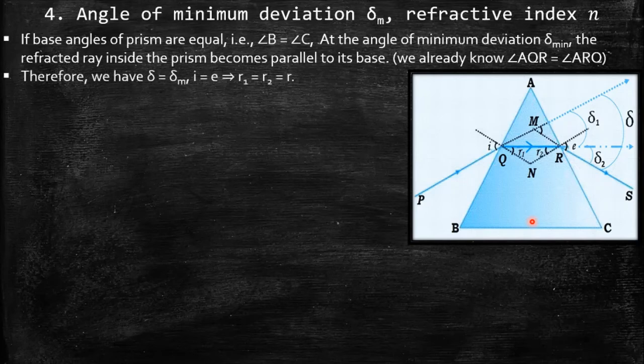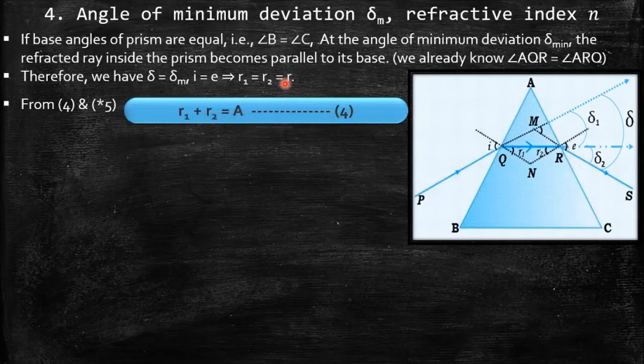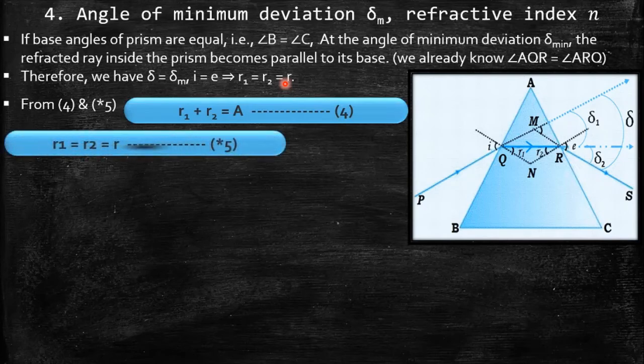So now that we know for the fact that when delta is equal to delta M, I is equal to E and R1 is equal to R2 is equal to R, let us now try to find out delta M, right? So for that we have from equation 4 and star 5. Well, I am sure that you have not kept a count of those equations, and that's the only reason I have my equation 4 and equation star 5 over here right in front of you.